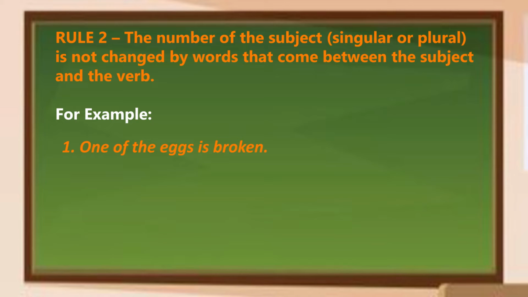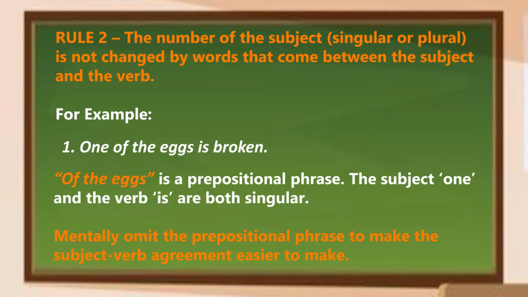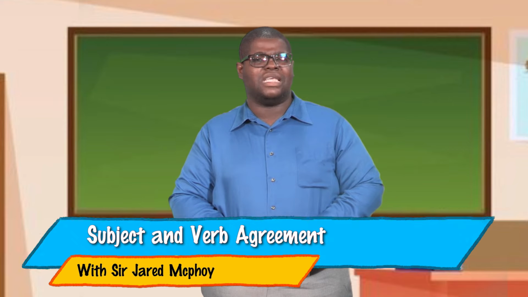Now pay attention. The part of the sentence that states of the eggs is a prepositional phrase. The subject one and the verb is are both singular. Mentally omit the prepositional phrase to make the subject-verb agreement easier. Because you're probably asking yourself, one of the eggs?